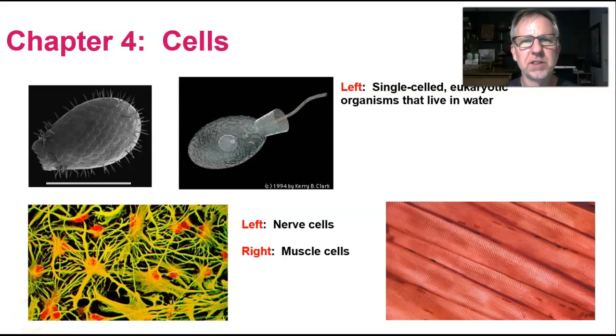This chapter focuses on cells, and the material covered in this chapter is probably some of the most important material you can learn if you're going to be taking microbiology next or anatomy and physiology next, because the basis of those classes is cells.